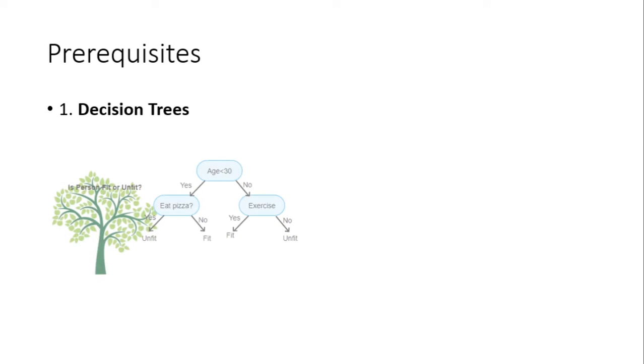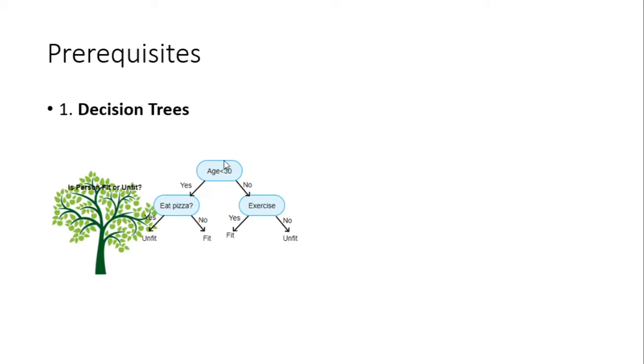So the prerequisites of this video are: first, you should have a thorough understanding of decision trees and the various algorithms that are used to create and analyze data using them. So this is an example decision tree which tells us whether a person is fit or unfit.